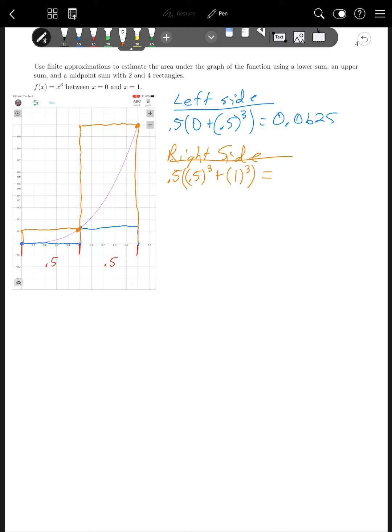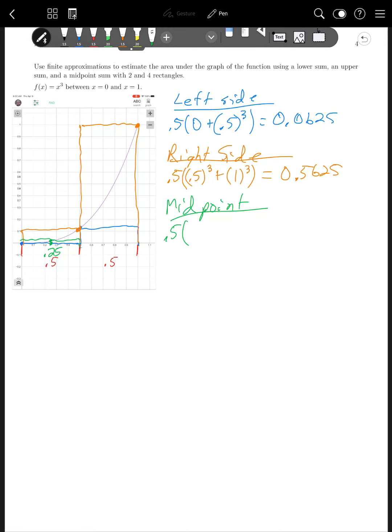And we're plugging into this function x cubed. So that's 0.5 cubed plus our right-hand endpoint, which is 1 cubed. Okay, and we can plug that in our calculator. And we get 0.5625.